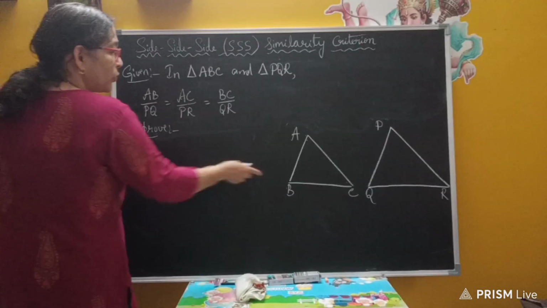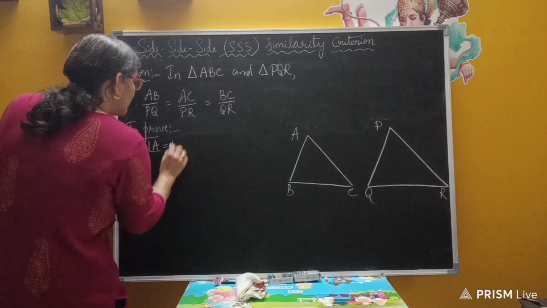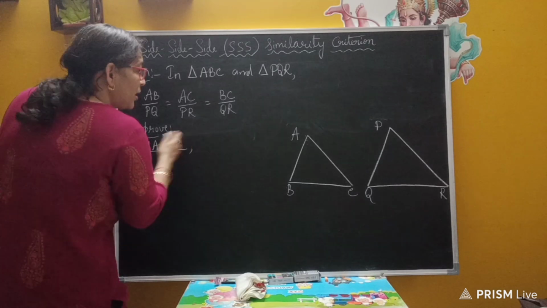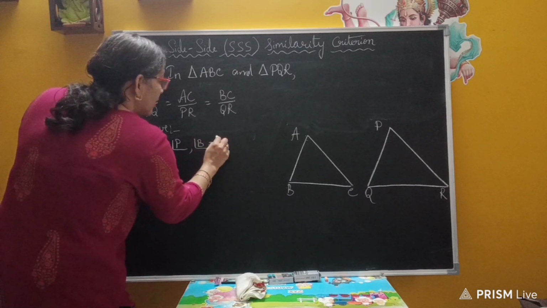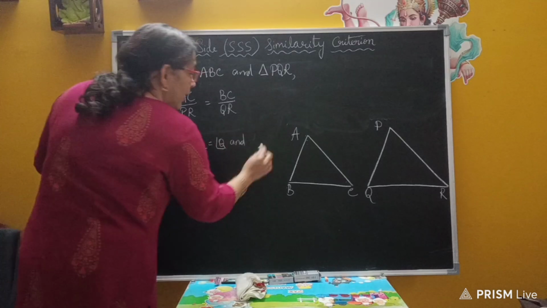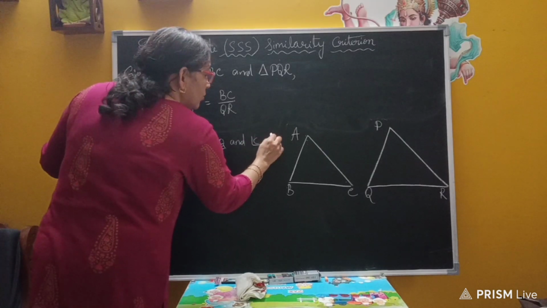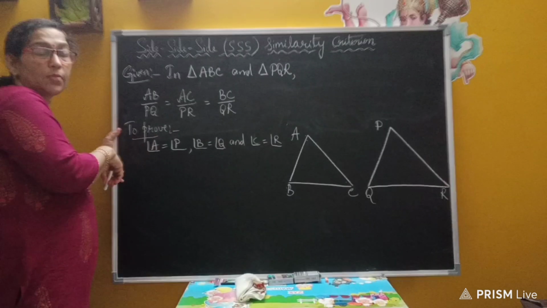We should prove angle A is equal to angle P, angle B is equal to angle Q, and the other pair, angle C is equal to angle R, and hence triangles are similar.